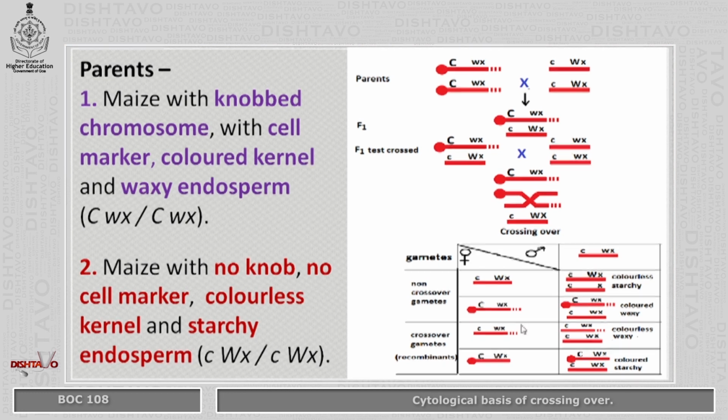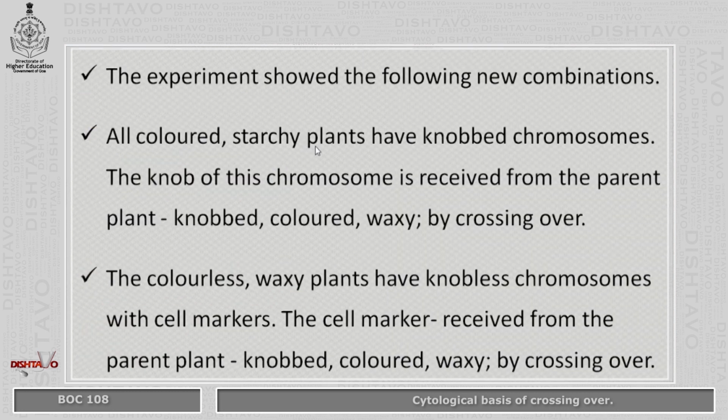Ultimately, two types of progeny were observed as a result of this test cross. All colored starchy plants that were observed have knobbed chromosomes. The knob of this chromosome is received from the parent plant. The parent plant was knobbed, and had colored waxy genes, and these genes are passed on to the progeny as a result of the crossing over.